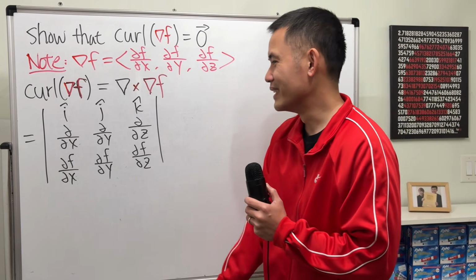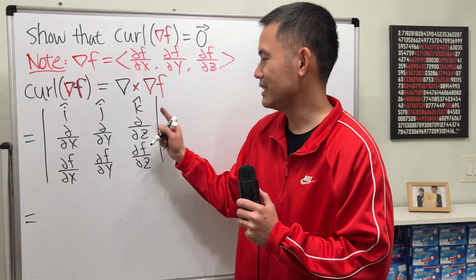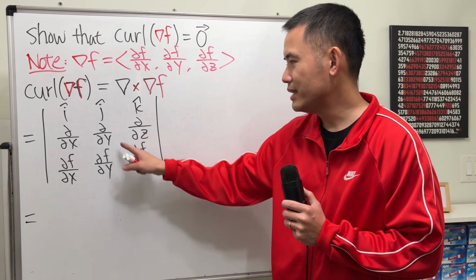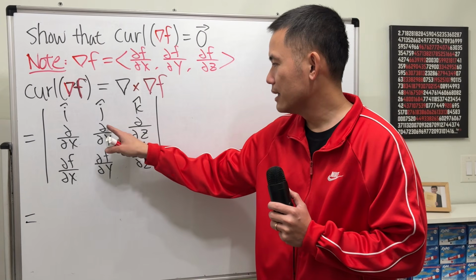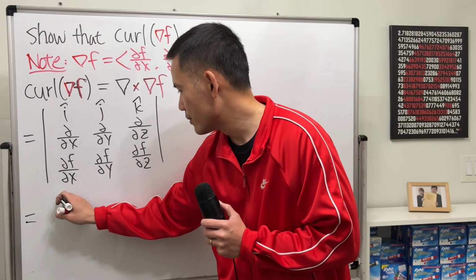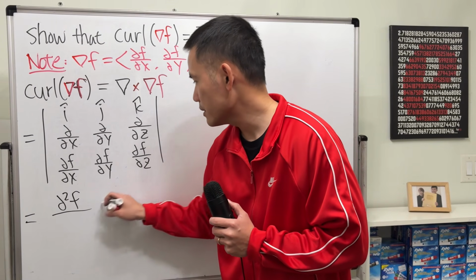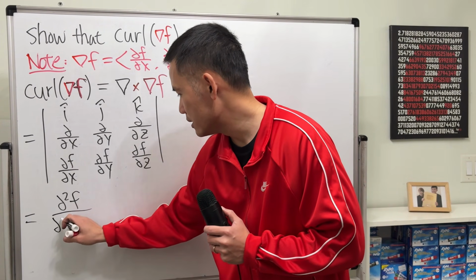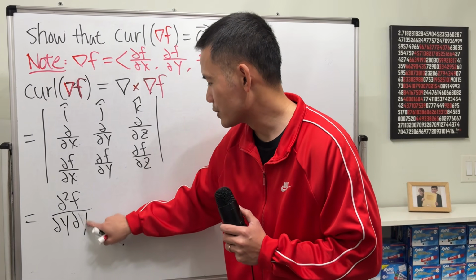We are going to do the cofactor expansion. This times that, but when you multiply, it's really taking a partial derivative. Now, when you do this times that, it's the second derivative of f. I'm going to put it as partial y and then partial z, like this.